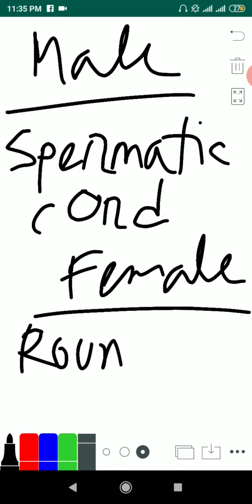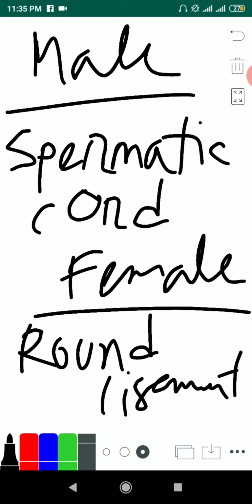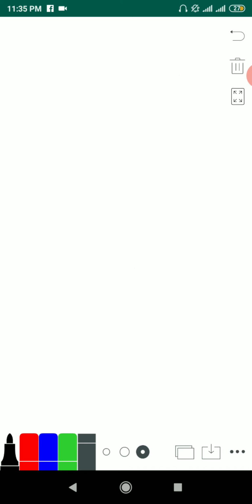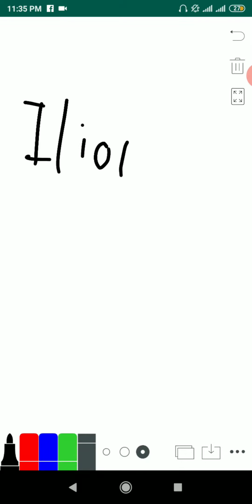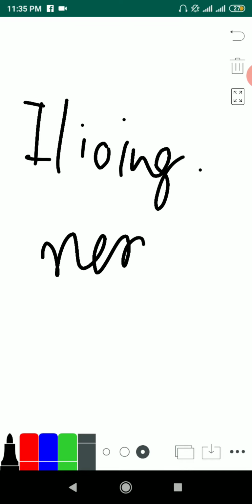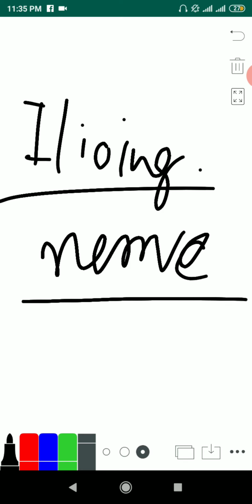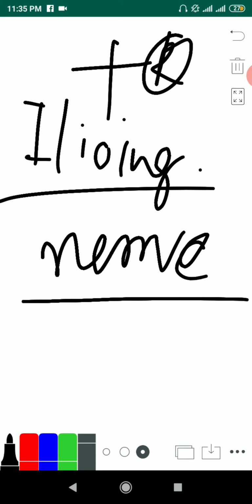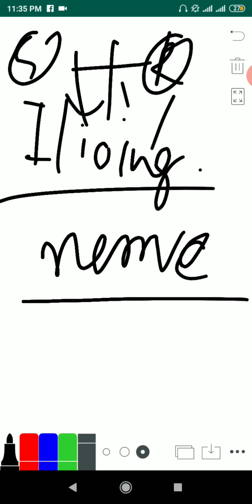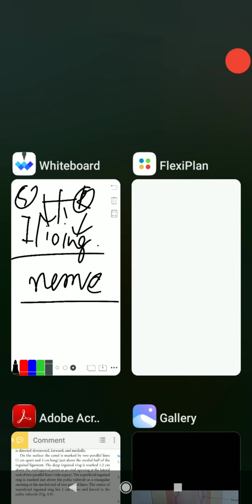So in case of male, spermatic cord; in case of female, round ligament. And in both sexes, one thing is common, that is one nerve, the ilioinguinal nerve. So what are the contents? You have to say as per sex. In case of male, spermatic cord plus ilioinguinal nerve, and in case of female, round ligament plus ilioinguinal nerve.